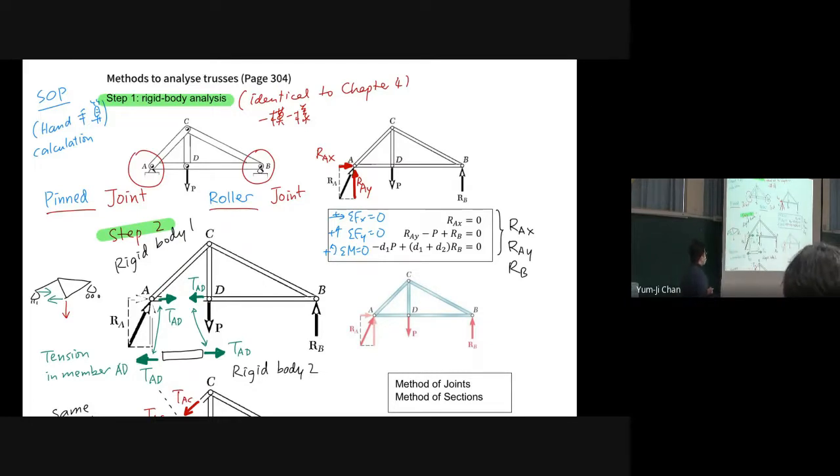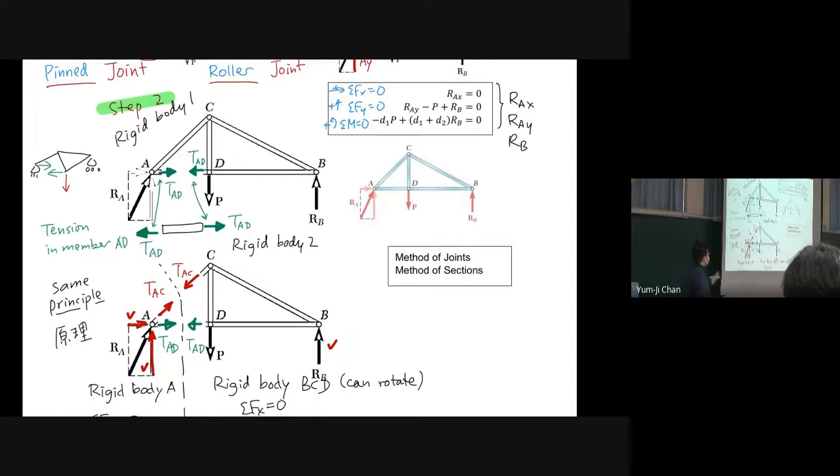Now in step 2, in these two free body diagrams, what are the unknowns? Or how many unknowns do we have? P is known, RB is known, RAY is known, RAX is known. The unknowns are TAB and TAC.